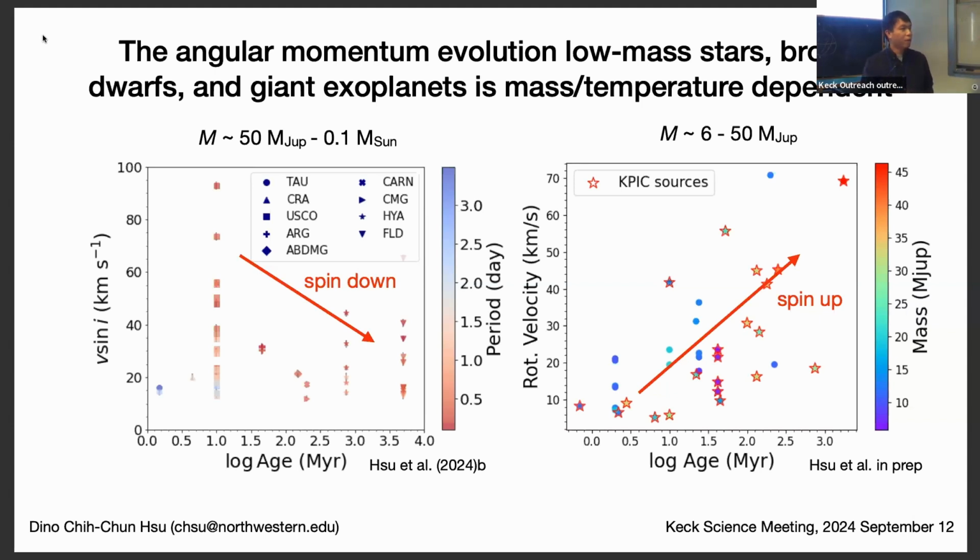If we compare with benchmark measurements from KPIC, where we have the age and the masses for most of them, they show a general spin-up up to 50 Jupiter masses. When it's more than 50, down to the hydrogen-burning mass limit, we start to see some slow rotators at the end of it. So this is complementary to what the rotational pairs could improve in the past.